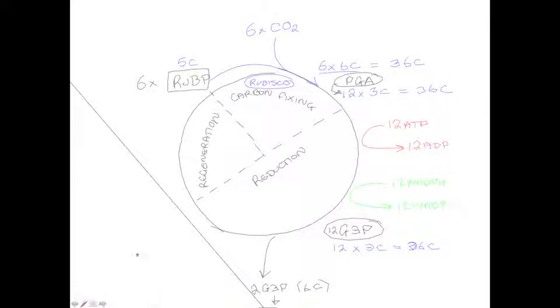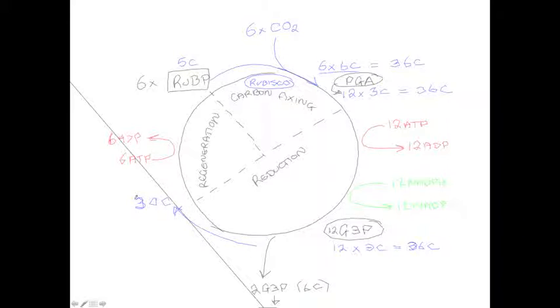In order to regenerate, we need to have more ATP investment. There are 6 ATPs that are invested in the regeneration phase, which will leave as 6 ADPs. And after we've removed 6 carbons that can eventually be made into glucose, we'll be left with 30 carbons.